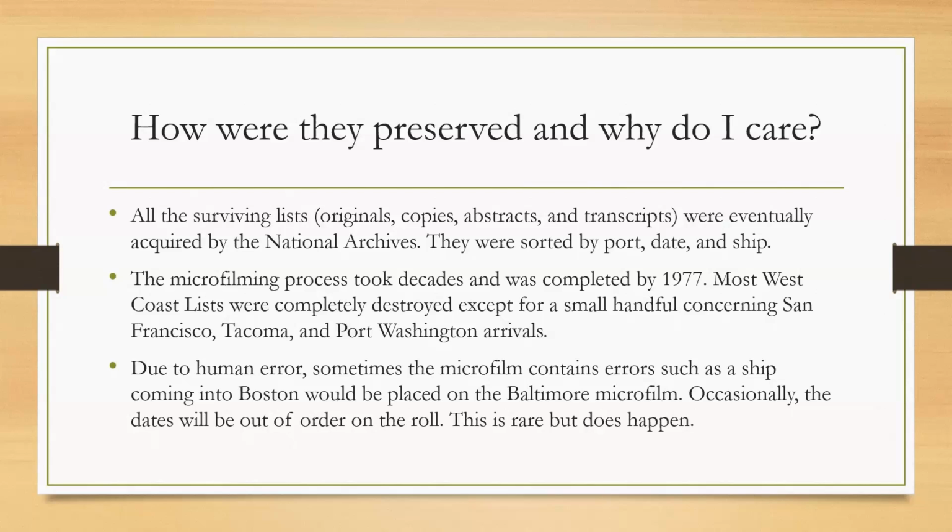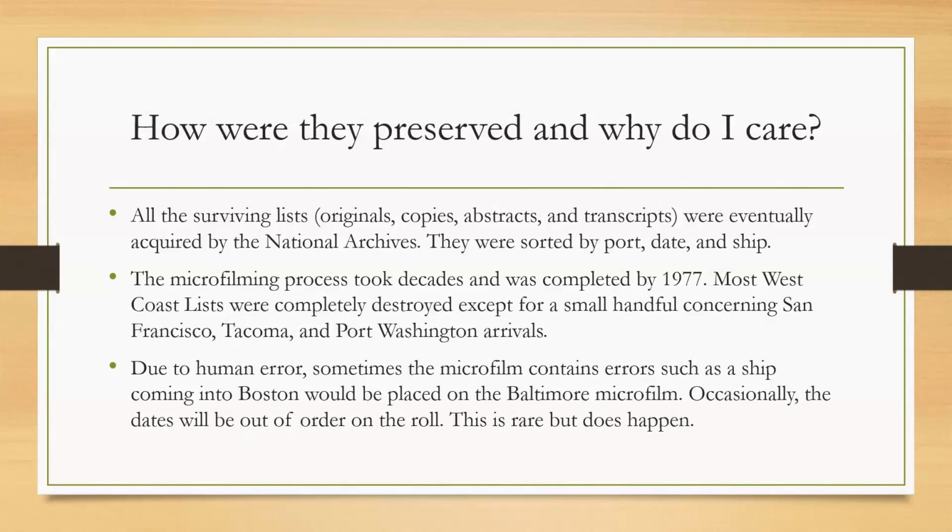They were sorted by port, date, and ship, and that's what you're going to see on places like Ancestry and FamilySearch. The microfilming process took decades and was completed by about 1977. One note for customs passenger lists is that most West Coast lists were completely destroyed, except for a couple of years for San Francisco, Tacoma, and Port Washington.